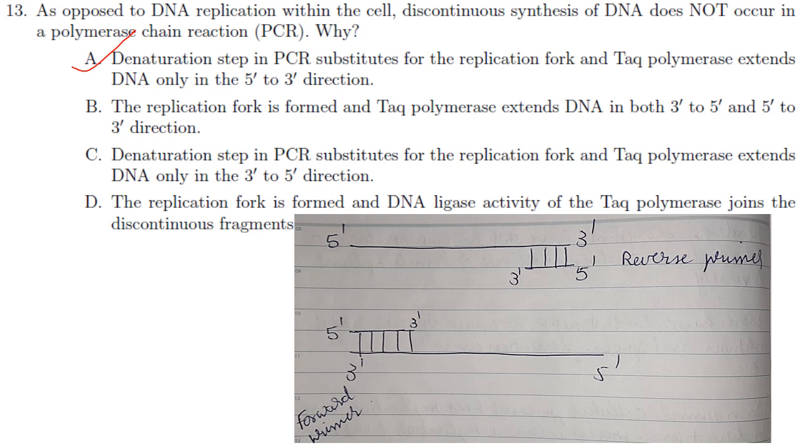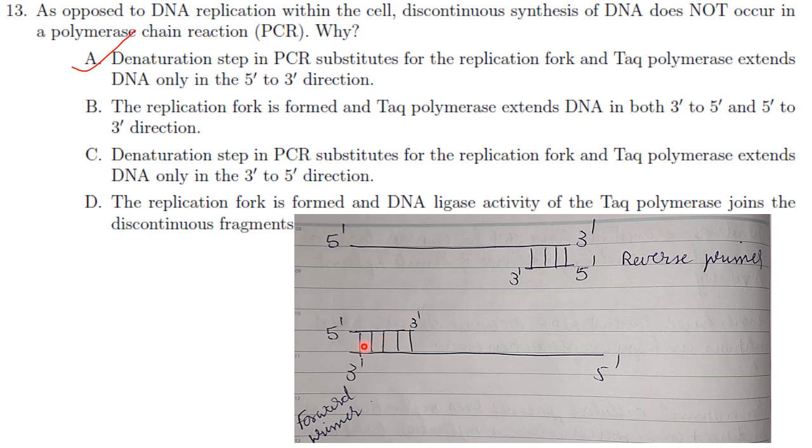So if you see the case of PCR, the primers are designed to anneal to the template DNA in opposite directions. See, this is the DNA template, 5' to 3' and 3' to 5'. This is the forward primer. Usually you will think the forward primer will bind over here and the reverse primer will bind over here. No. The forward primer will bind to the 3', 5' strand and the reverse primer will bind to the 5', 3' strand.